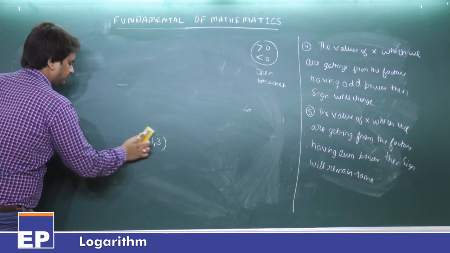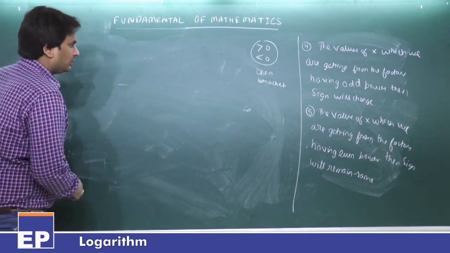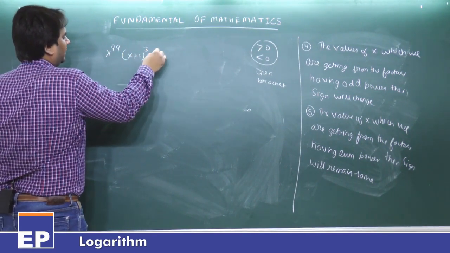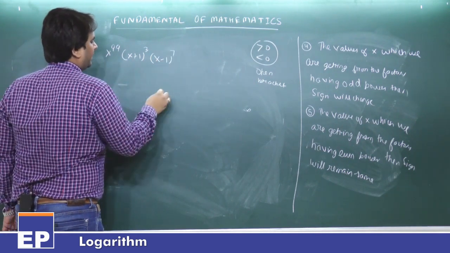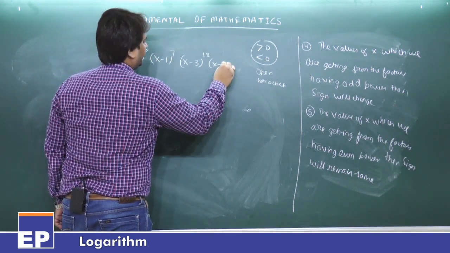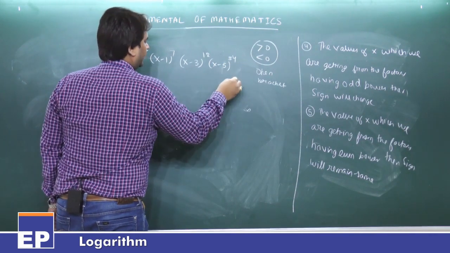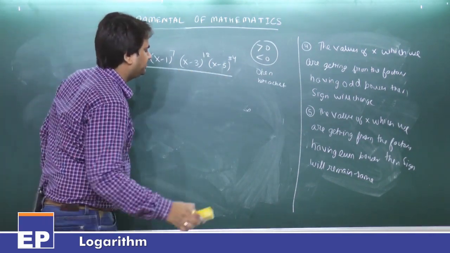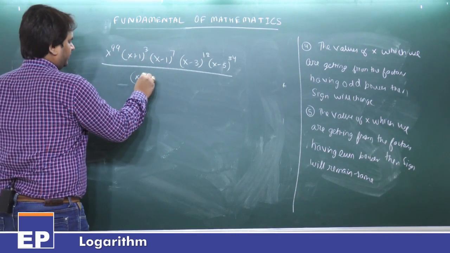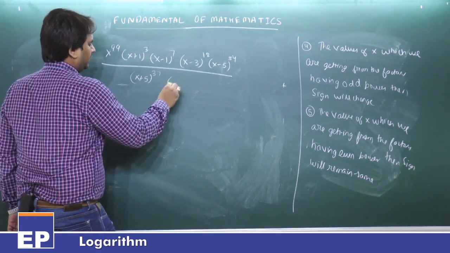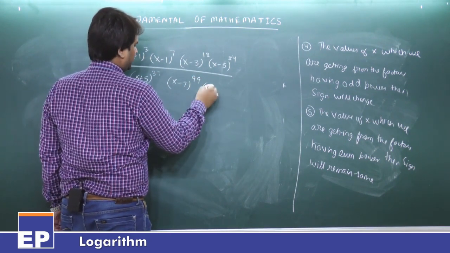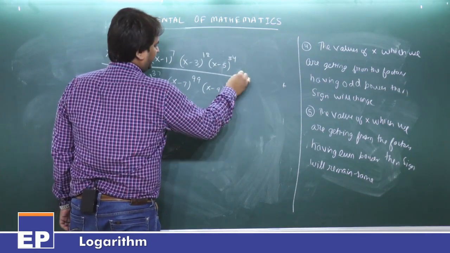Let's take one more question. Suppose it is written like this: x to the power 99 into x plus 1 to the power 3 into x minus 1 to the power 7 into x minus 3 to the power 12 into x minus 5 to the power 34 divided by x plus 5 to the power 37, then x minus 7 to the power 99 into x minus 9 to the power 11, that is greater than 0.